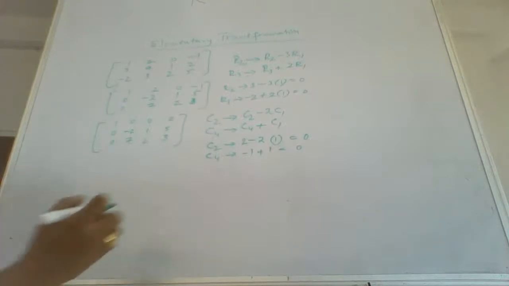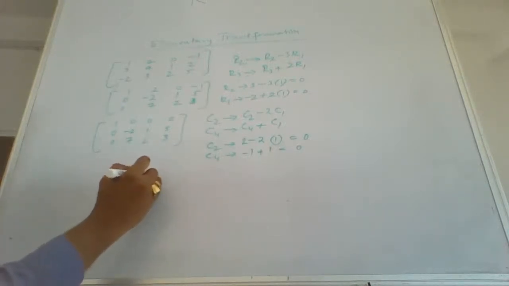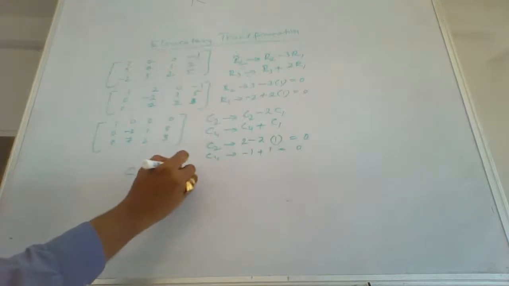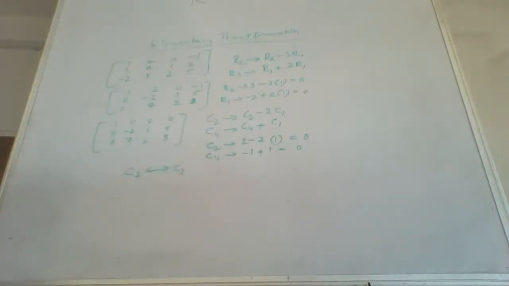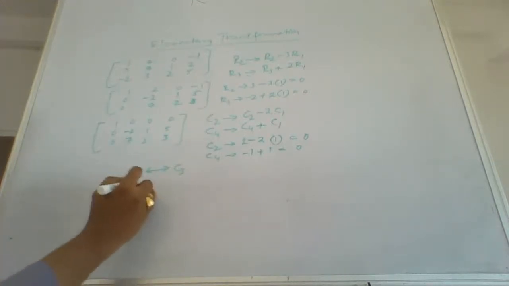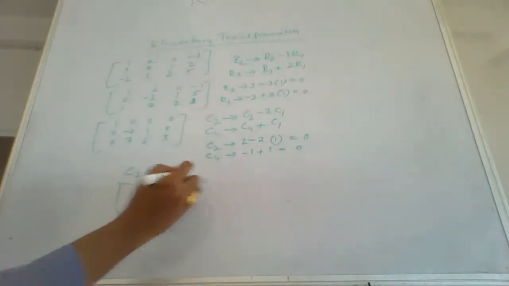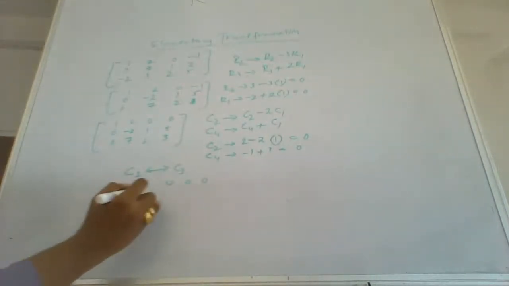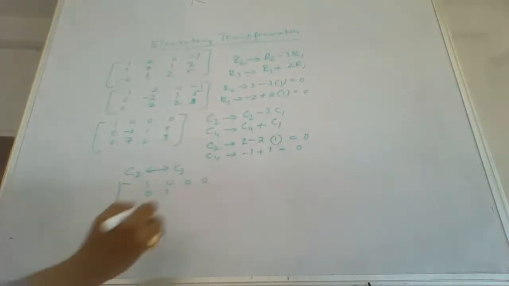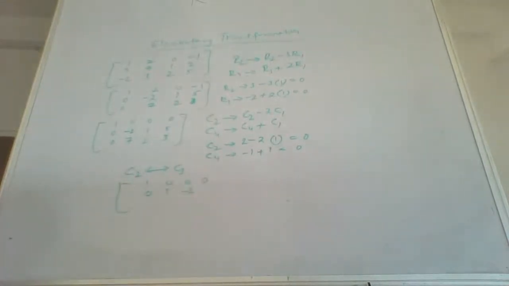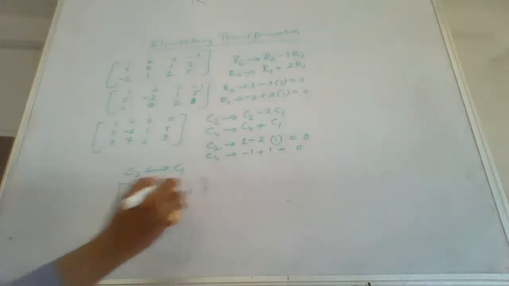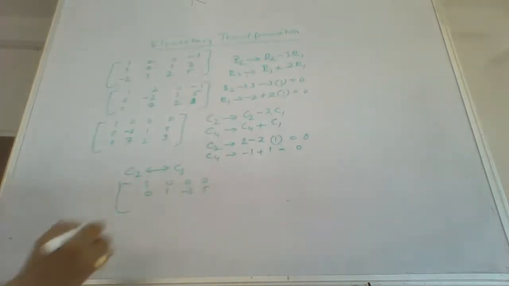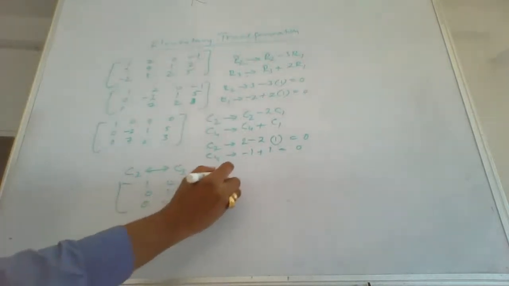Fine. So that's that. You get this. Let us interchange. In the next step, I'll interchange column 2 and column 3. Let us interchange that. So I get 1 0 0 0 and 0 1, minus 2 and 5, 0 0 11 and minus 7.